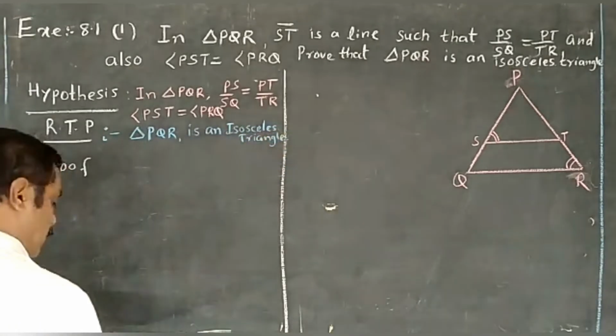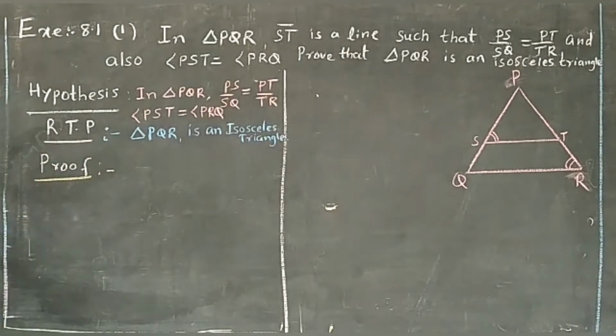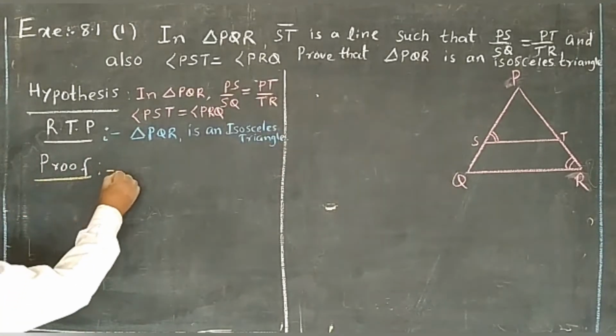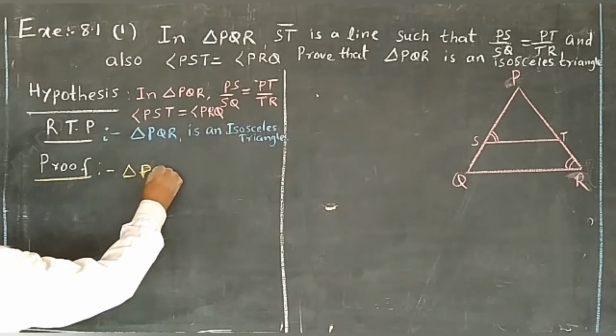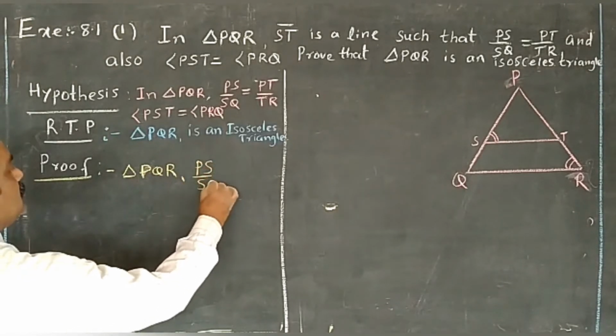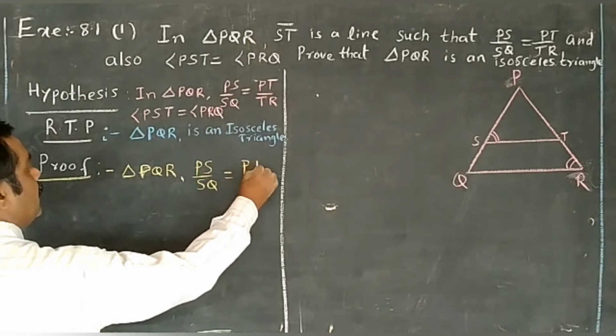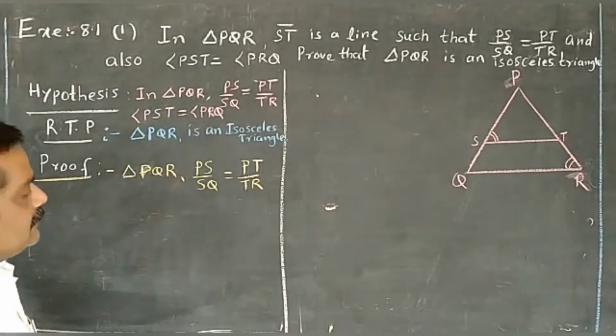Okay. Now I am going to prove this statement. First, in triangle PQR, it is given that PS by SQ is equal to PT by PR. This clue is given, sir.